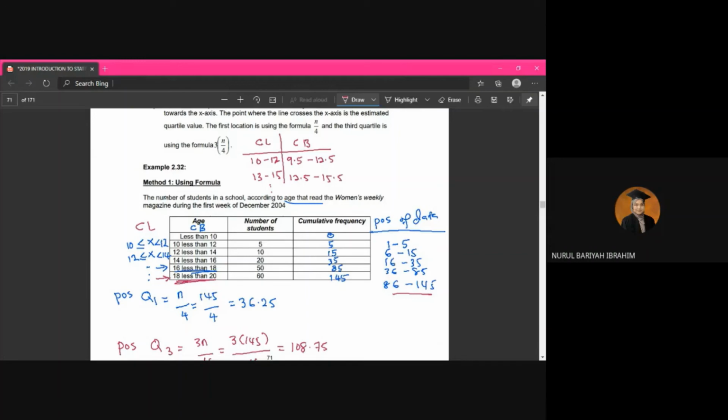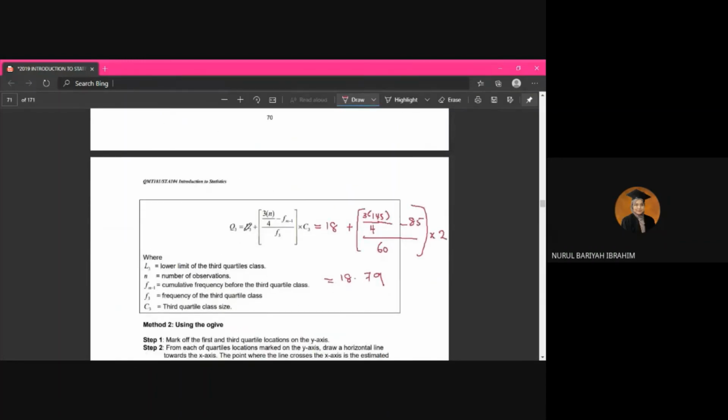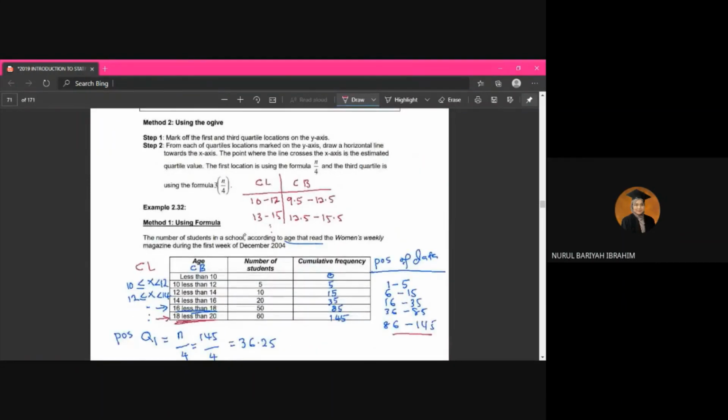Okay, so you akan gunakan this class boundaries nak kira dia punya class size C tadi. Tapi untuk dapatkan L, L tadi lower limit ni, L3 lower limit of the quartile class, you kena ambil this column.